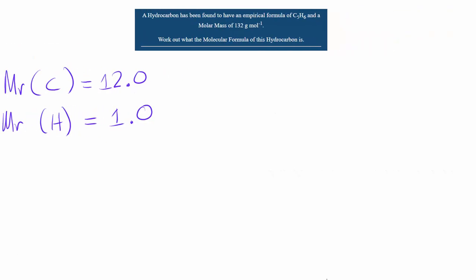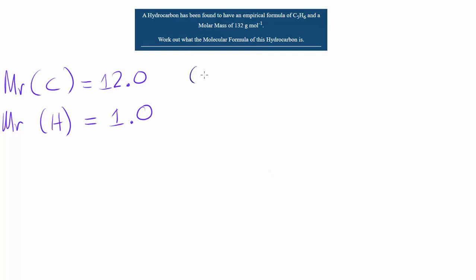And so we can now use that to work out the molar mass of the empirical formula. What we're going to do is multiply each of these by the coefficients of each element in the formula, and then sum what that is for each element. So we'll do carbon first.